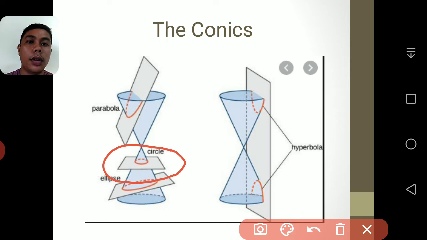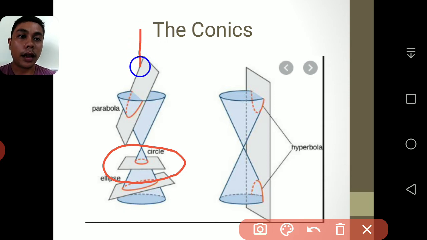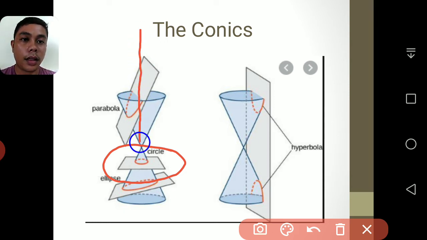But do you see the altitude? The altitude is actually an imaginary line that passes through the vertex. The vertex is the intersection of those two cones.